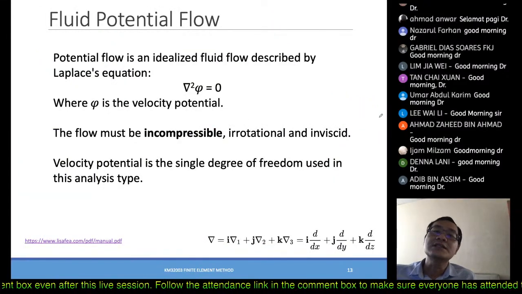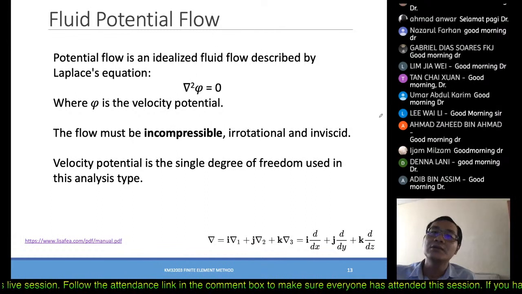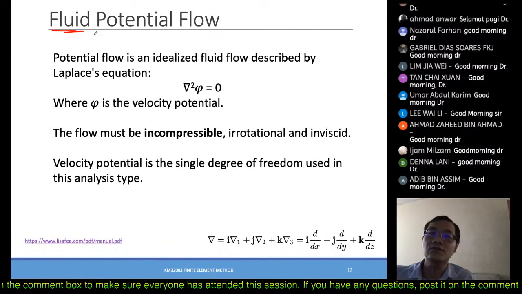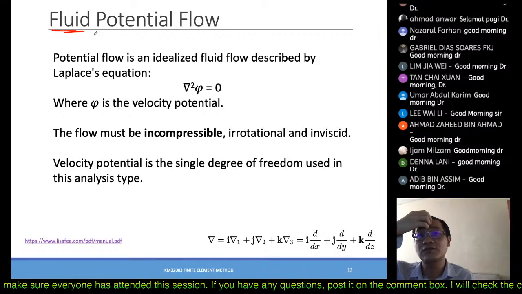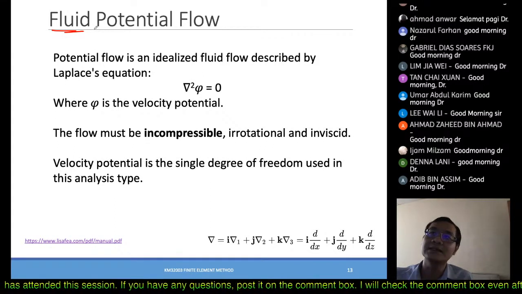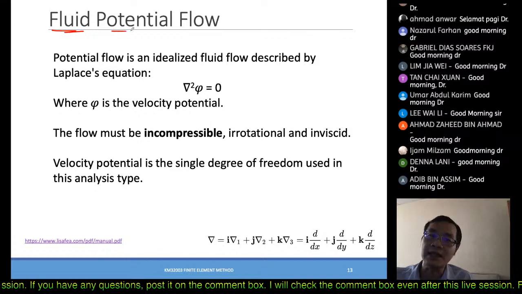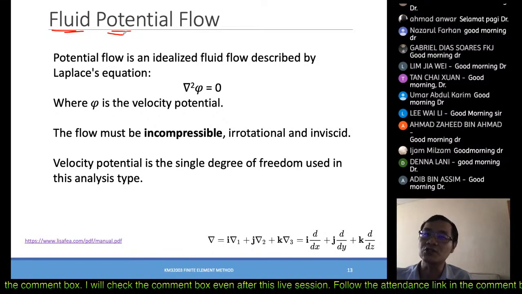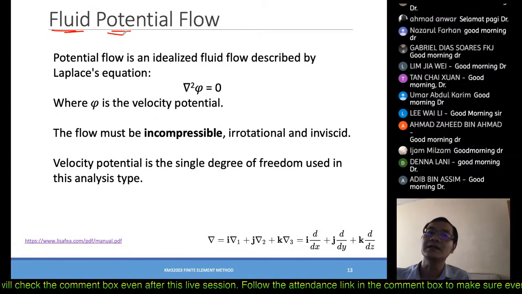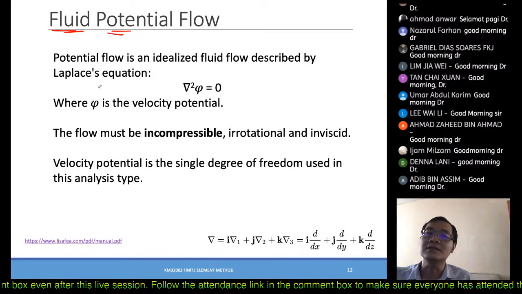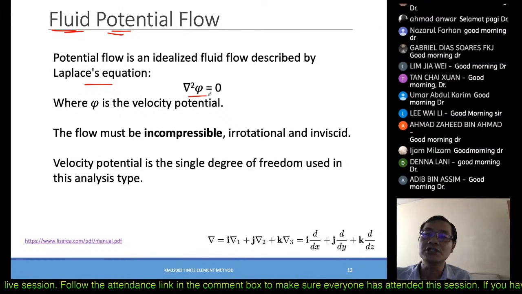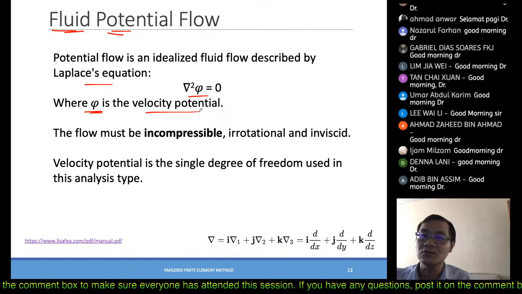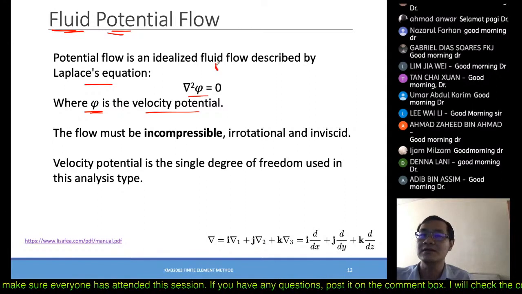Again, we just quickly check the LISA FEA menu. They can use it for fluid flow analysis. They can apply it using the fluid potential flow, which is what you have derived previously. It is based on the Laplace equation, where this is the velocity potential, which is our previous file.